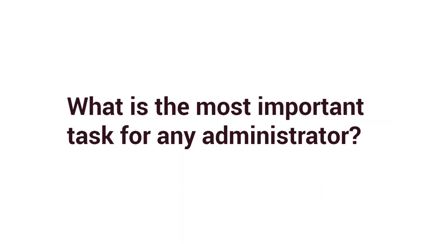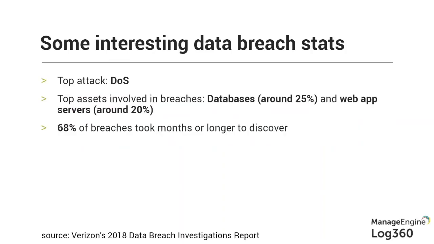But I'm going to show you a few figures from Verizon's 2018 Data Breach Investigations Report. A lot of phenomenal insights, as always, in their reports, with great details about different industries and the cybersecurity landscape. This is what really caught my attention. The top attack last year was denial of service.